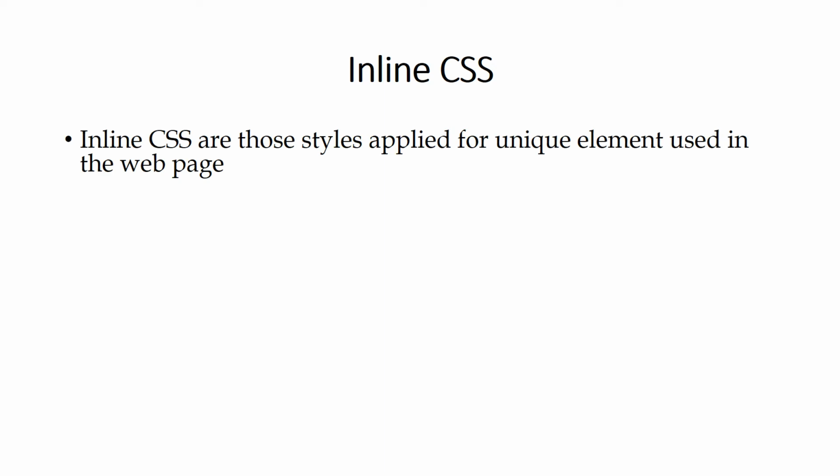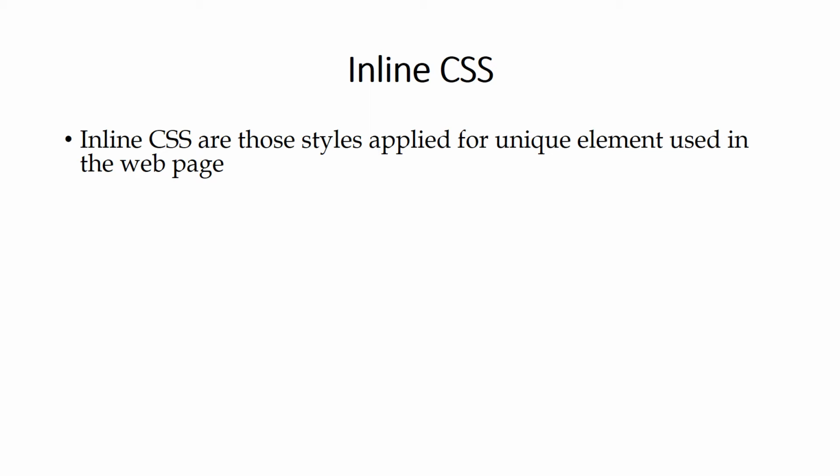Inline CSS are those styles applied to a unique element used in a web page. In a web page we have n number of elements. For common styles, for commonly used elements, we'll group them into separate rules and place them in a separate CSS file or in internal CSS.